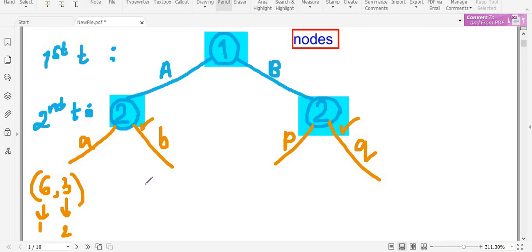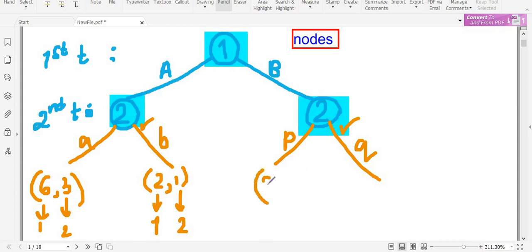In that case, suppose the payoff is 2, 1, which means if player 1 chooses capital A and player 2 chooses small b, then player 1 will get a payoff of 2 and player 2 will get a payoff of 1. So this number gives you what each player gets from a particular development of the game.